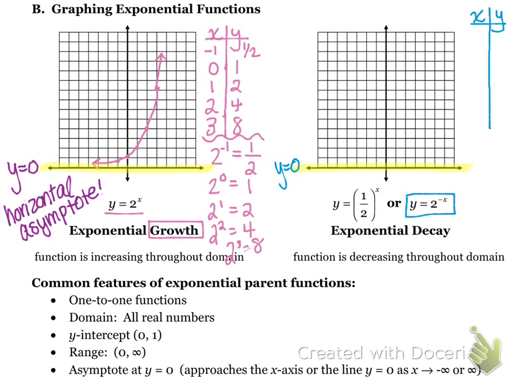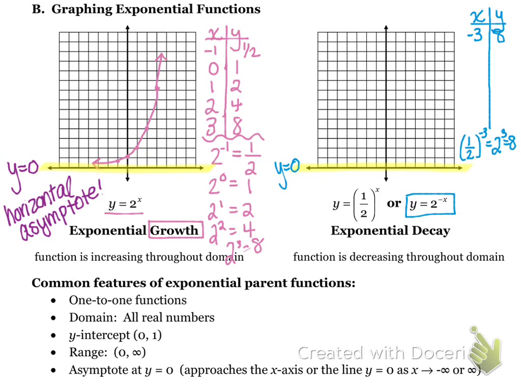Let's choose -3. So this would be 1/2 to the -3. Since it's to a negative, I need to flip it, which would turn into 2 to the 3, which is 8.